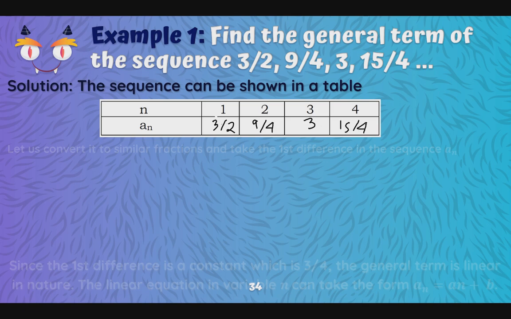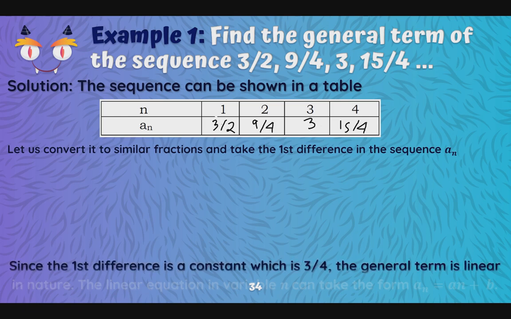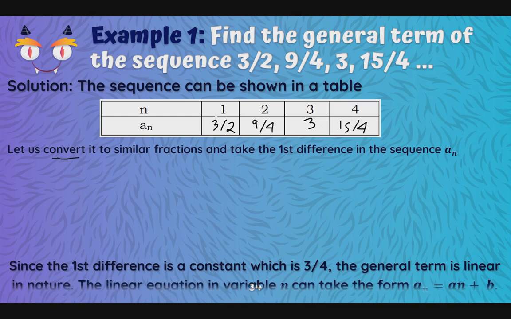Now, before we get the differences of the sequence, we have to convert it first. So 3 halves, 9/4, 3 with the denominator of 1.